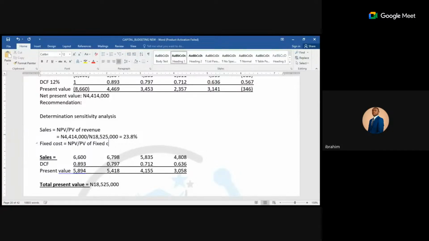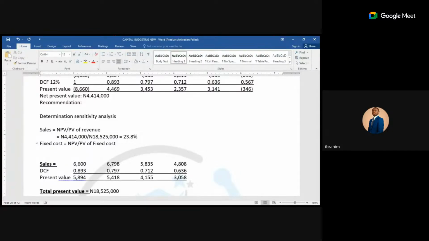Lastly, don't forget, if it is cost, you should not allow the cost to increase. If not, what will happen to the NPV? It becomes 0. So let's quickly perform a sensitivity analysis on this. 414 divided by the present value of the fixed cost.